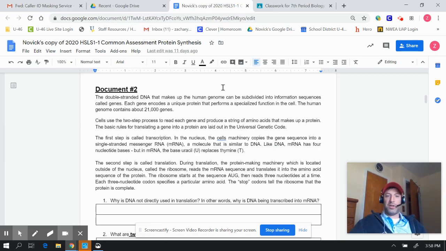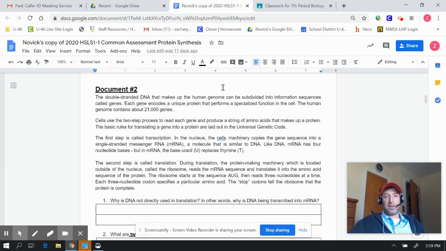Each gene encodes a unique protein that performs a specialized function in the cell. The human genome contains about 21,000 genes. Cells use a two-step process to read each gene and produce a string of amino acids that makes up a protein. The basic rules for translating a gene into a protein are laid out in the Universal Genetic Code.